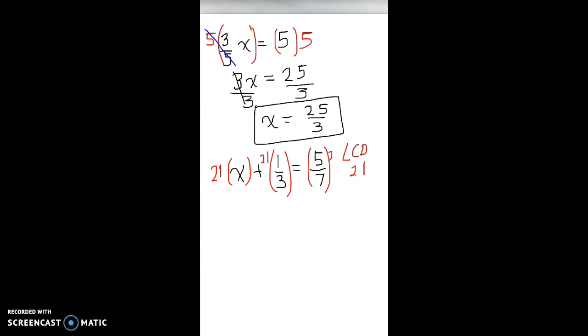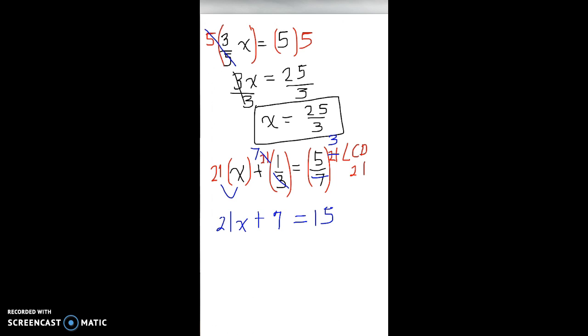Now, in doing that, multiplying by 21, in my first multiplication right here, I'll just get 21x. But here, 3 goes into 21 7 times. So that's going to give me 7 times 1, which is 7, equals 7 goes into 21 3 times, and so that will be 5 times 3, which is 15.